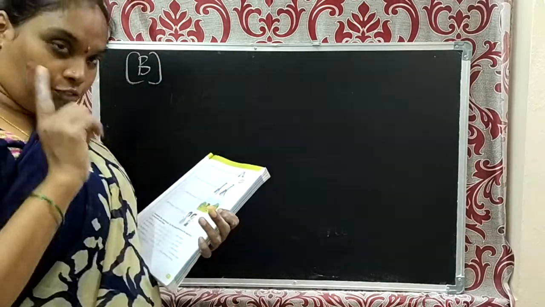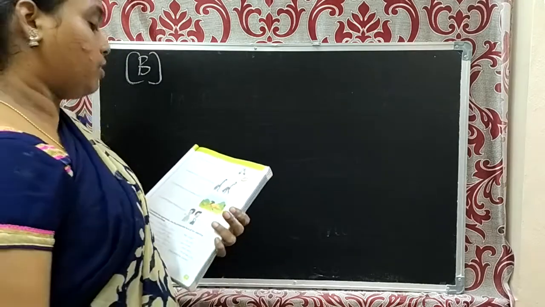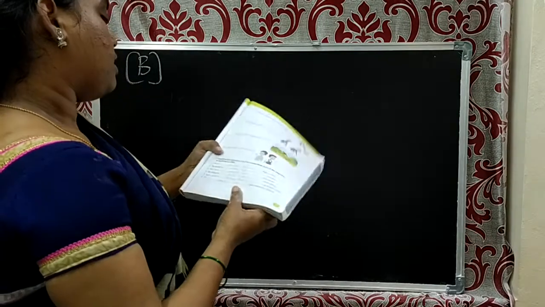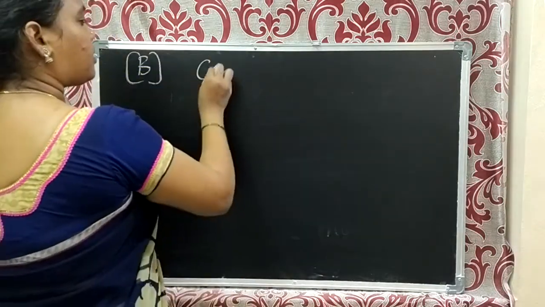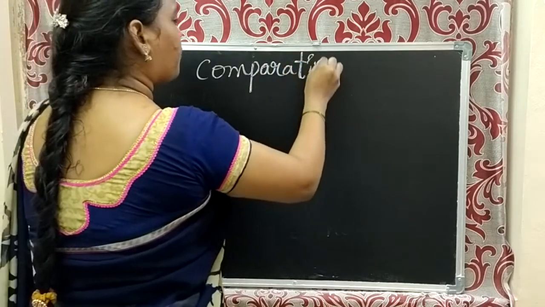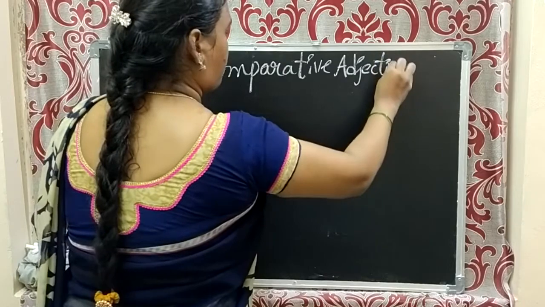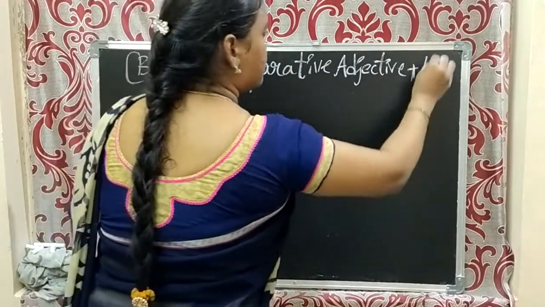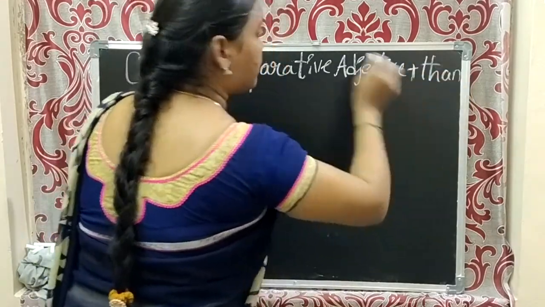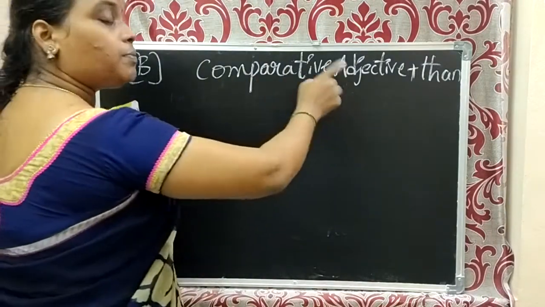Use the comparative form of the adjective in brackets and than. What is the rule here? Comparative adjective plus than. We write it in the blank, using the adjective in brackets.